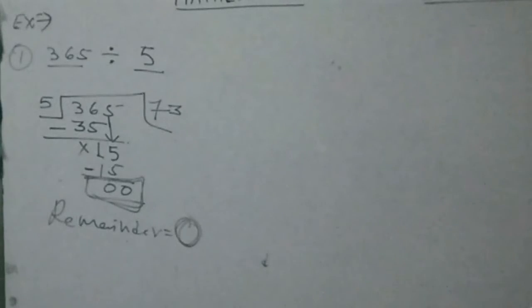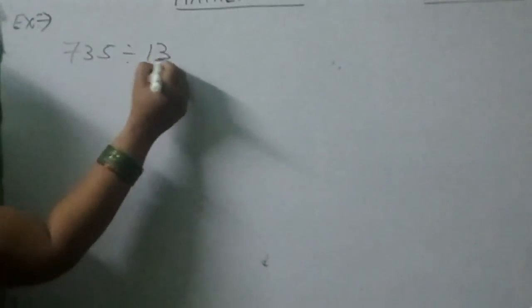Okay. One more example I will take, and this time the divisor is a 2-digit number. Now see, the divisor is a 2-digit number. See another example, that is also from your book. 735 divided by 13.